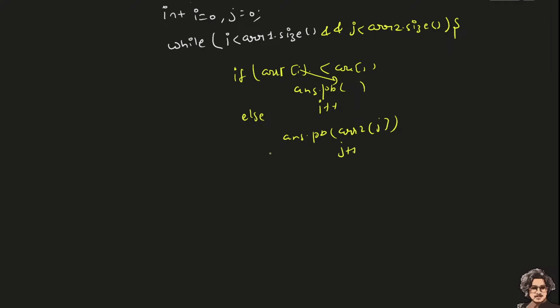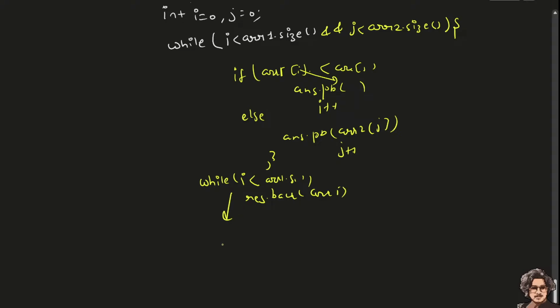After this while loop, the remaining elements need to be added. While i is less than array1.size, if it is not full, push back the value of array1 of i. Similarly, till j is equal to array2.size. And return the answer.